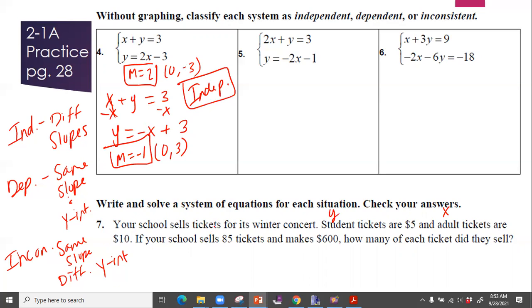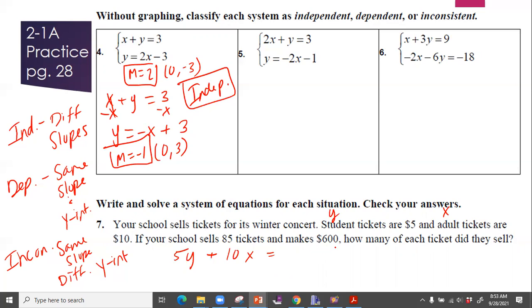If I'm selling tickets, every time I sell a ticket, I'm charging a price, right? So if I'm charging $5 for every student, and $10 for every adult, every means I'm multiplying.